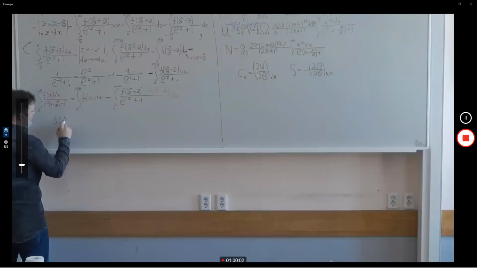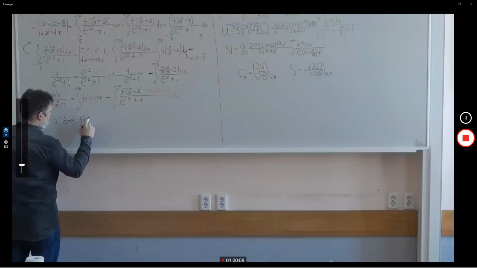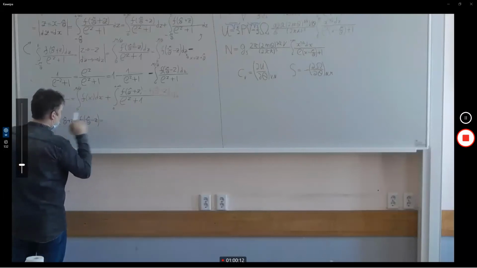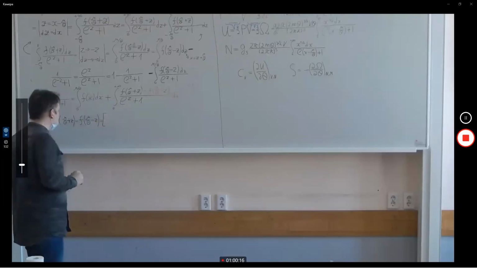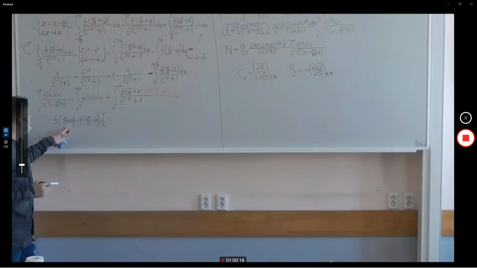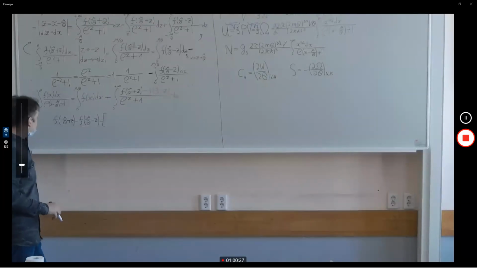So I'm writing an expansion in the Taylor series. I will write a square bracket, and this one is this guy. The second goes in this square bracket, and this in another square bracket.